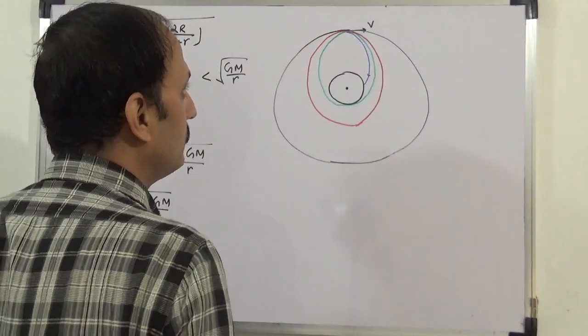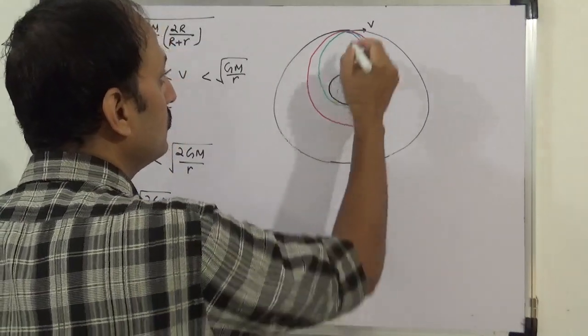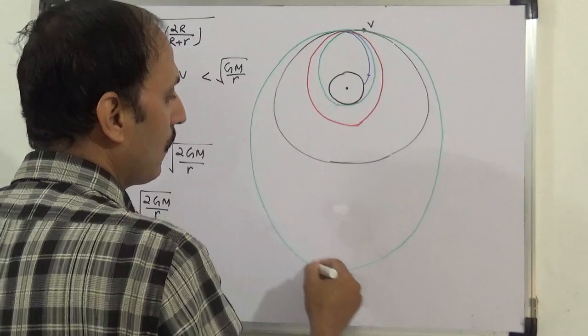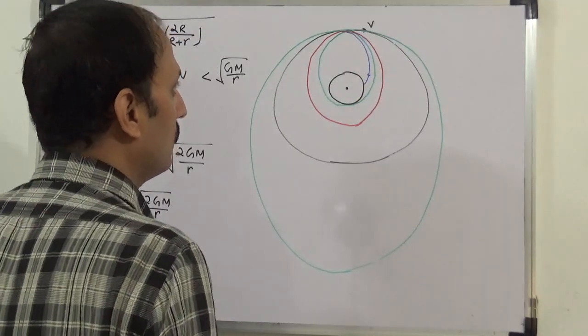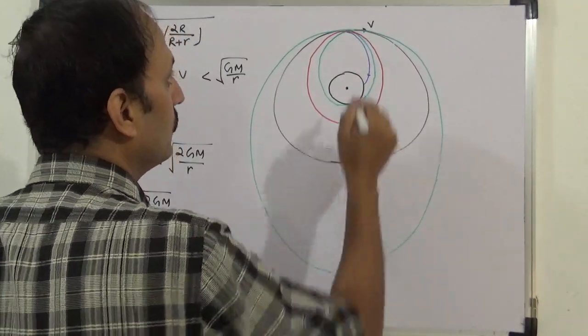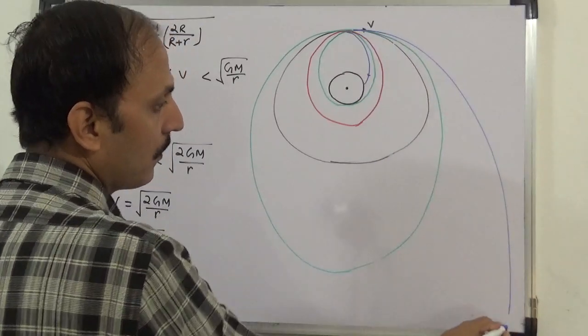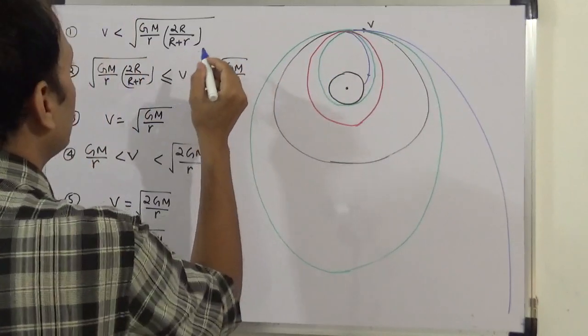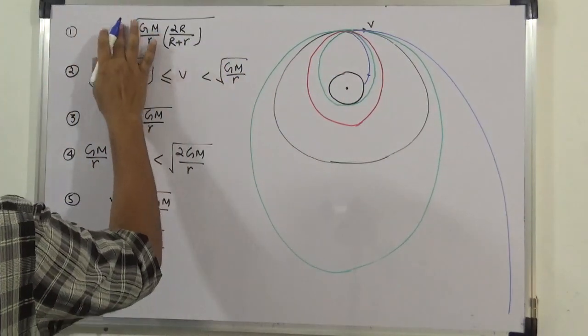Circular. This is first, let's say, I am calling this V minimum.